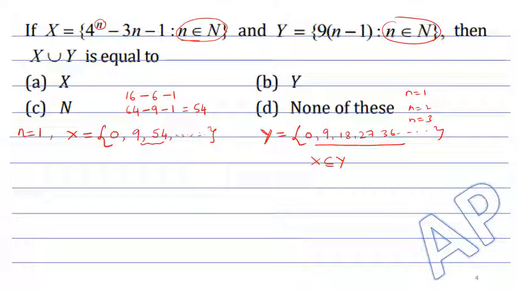But in case of y, we have 9 3s are 27, 9 4s are 36, and 45 next, and next is 54, and so on. It continues. So here easily we can understand that x is subset or equal to y. If x is subset of y, then x union y must be equal to y. So that is option B is the correct choice for this question.